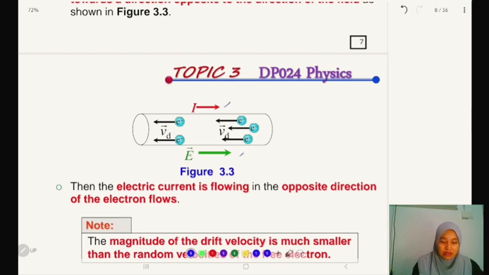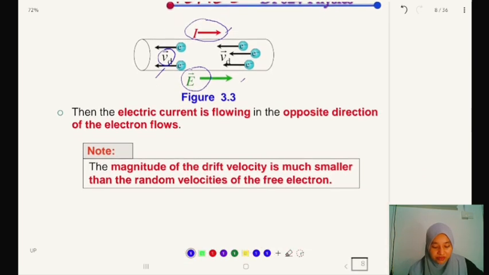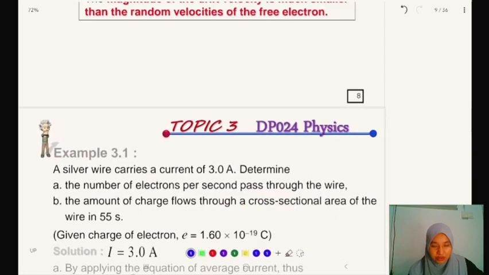Then the electric current is flowing opposite to the electron flow. This is repeated a lot, so don't be confused. The electric field is the same as the electric current direction, but the direction of drift velocity is the same as the direction of electron flow. Drift velocity is not in your syllabus.